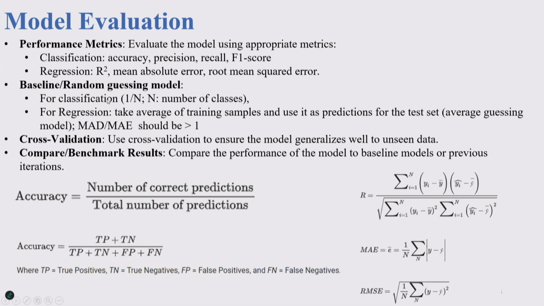So where were we? For classification, unless there's a class imbalance, the baseline is 1 over N. So if you have a cat versus dog image, what's the classification baseline? 50%. That's all, right? For regression, as we said, the average, the MAD or mean absolute deviation and so on. And then we have to know about cross-validation and comparison, and these are some of the metrics.